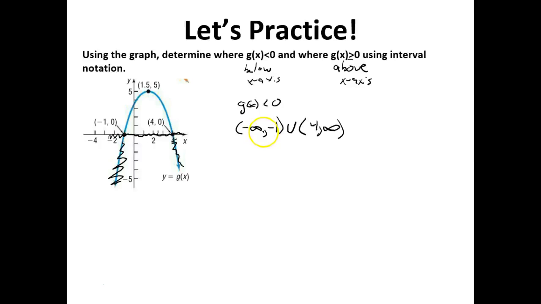Those are where the x values make this function less than 0. Where it's above the x-axis, or where it's greater than or equal to 0, is this interval right here. So all these y values, all these outputs, are greater than 0, and that happens when the x's are between negative 1 and 4. Looking at it graphically.